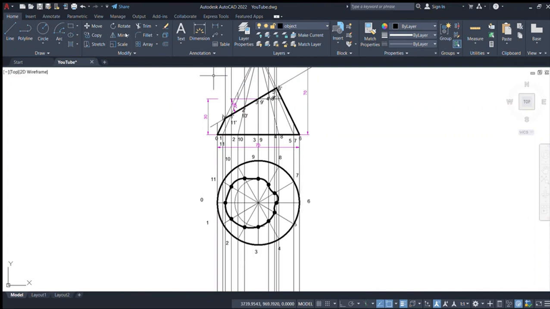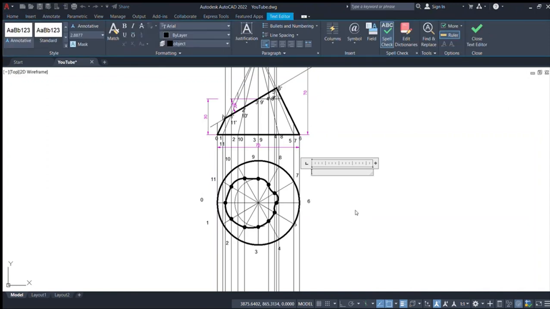So with that one, you are done with the plan. So you have completed the plan. So that's our plan. You can mark it. So we are done with the plan.